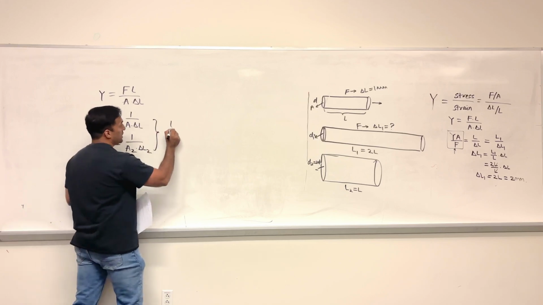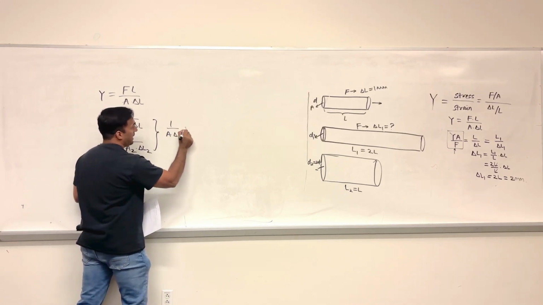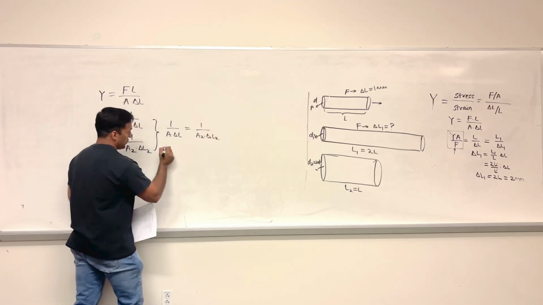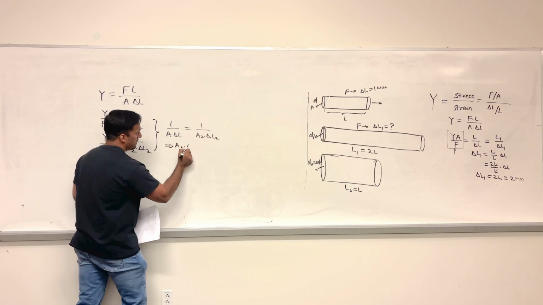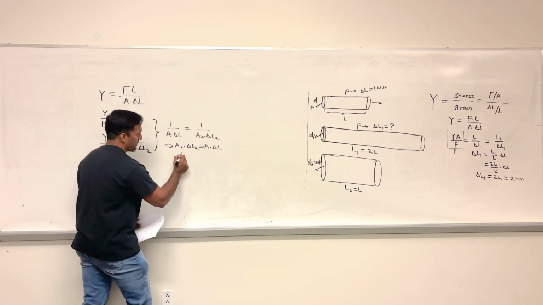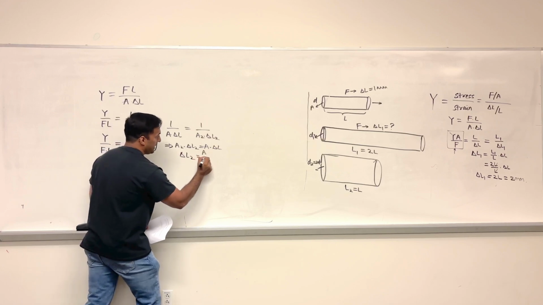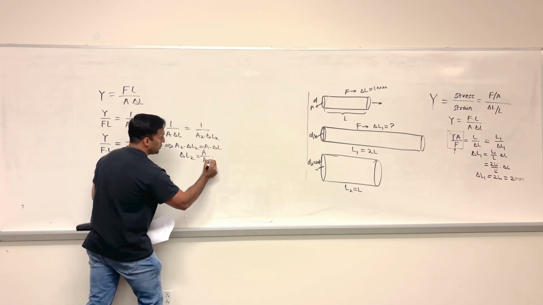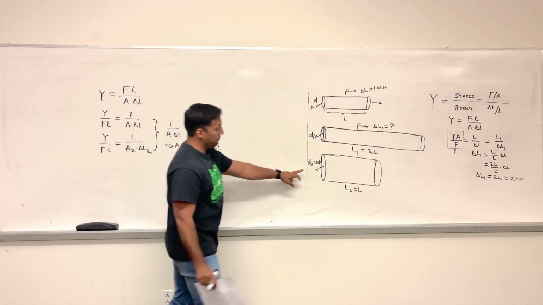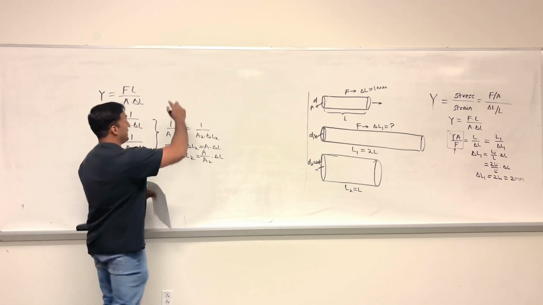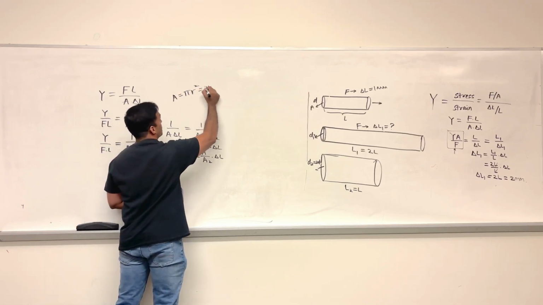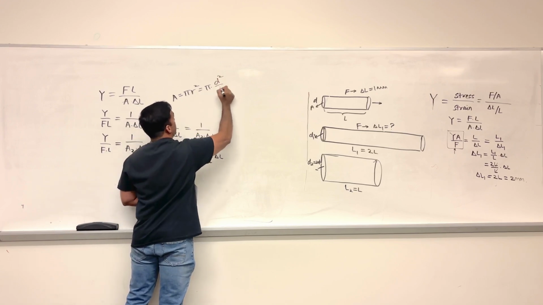If I put them equal, this will be A delta L equals A2 delta L2, and so A2 delta L2 equals A times delta L. I'm looking for delta L2, so this will be A divided by A2 times delta L. I know the values of diameter, not of the area. But area is equal to pi times r squared, or in terms of diameter, this is pi times d squared by 4.